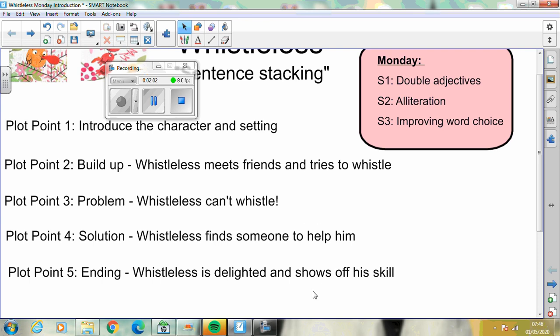You can see here that I've simplified the story that is featured in the animation, because in the animation Whistleless goes off and meets lots and lots of different characters who all try and help him. If you wanted to include all of those features in your story, you're very welcome to.